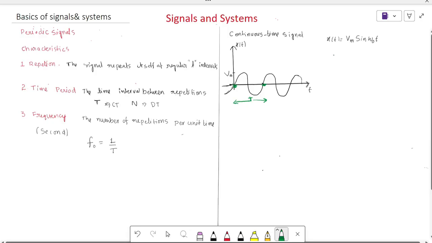The fundamental time period, capital T, equal to 2 pi by omega naught. Here this omega naught is the angular frequency.